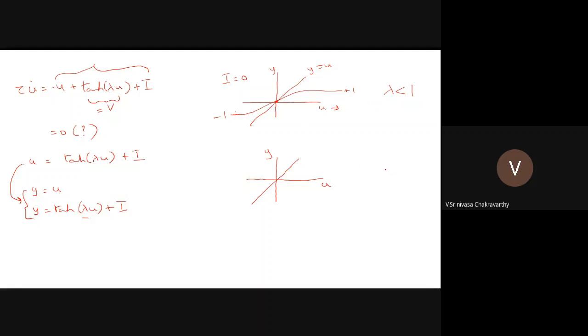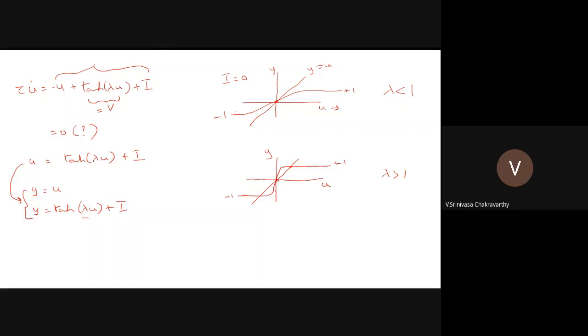But if lambda is greater than 1, and also assume that lambda is much greater than 1, then the tanh function will show a sharp slope at the origin. It has two wings where it saturates, at minus 1 and plus 1. Now it has three fixed points.